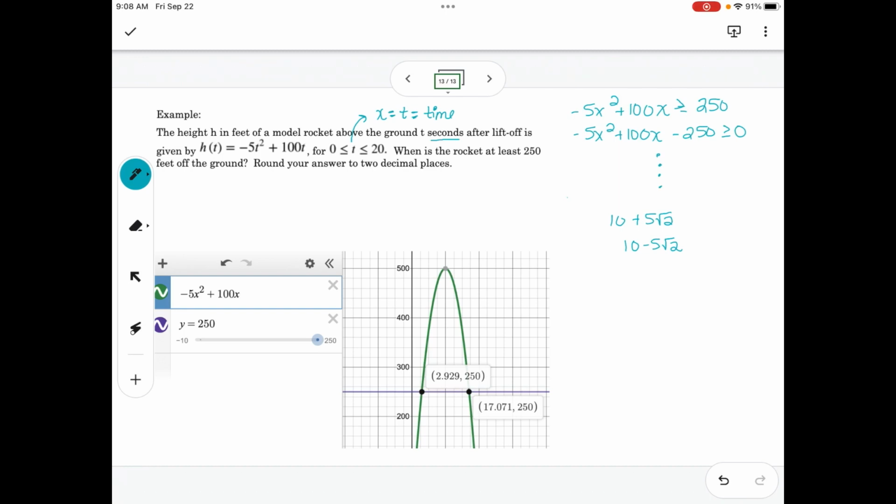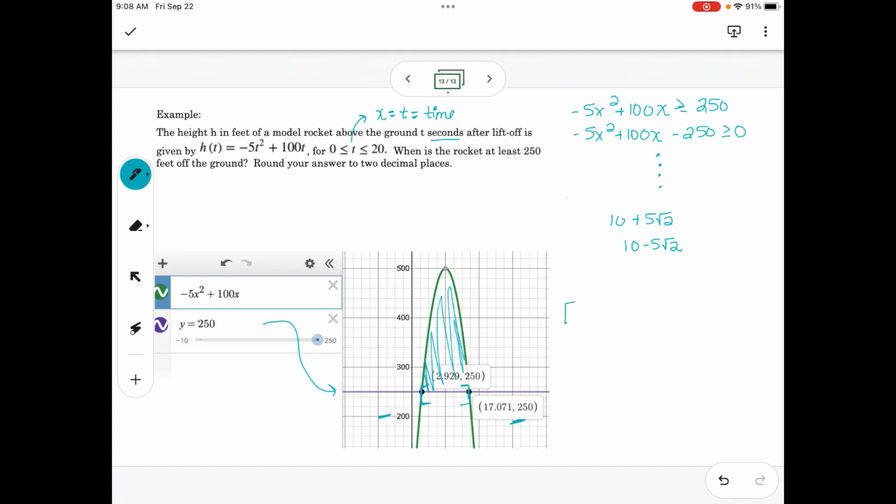So where is my rocket then? Above 250 or at least 250 feet off the ground. And notice that it's in this area in between here and here. We are at 250 since this marker is the 250 feet mark that is graphed. Here we are less than 250, and here we are less than 250 feet off the ground.